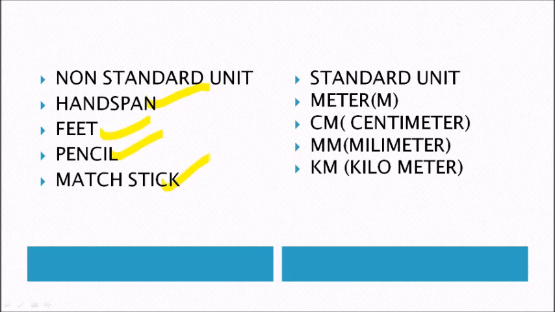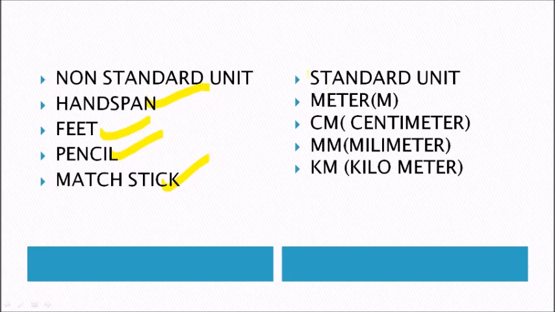The feet size will also vary for each person. The pencil which we use to write may also vary for each person. So these are non-standard units because there is no specific answer for this type of question. When you measure a blackboard with a handspan, the answer will be different for each and every student. So these are called non-standard units.